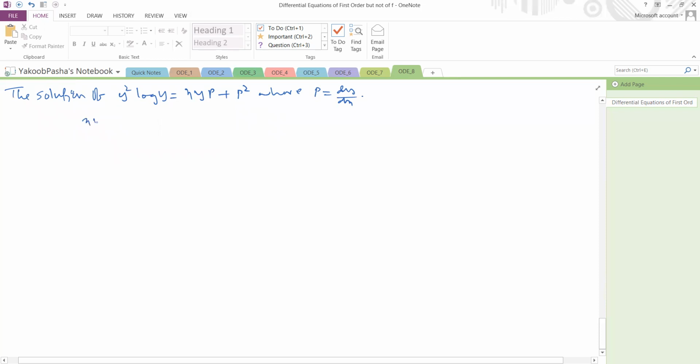So xyp is equal to y square log y minus p square, and we can write x is equal to y log y by p minus p square by yp, nothing but p by y. Let it be equation number 2. This is equation 1 and this is equation 2.